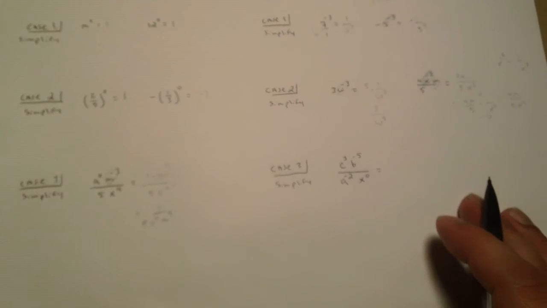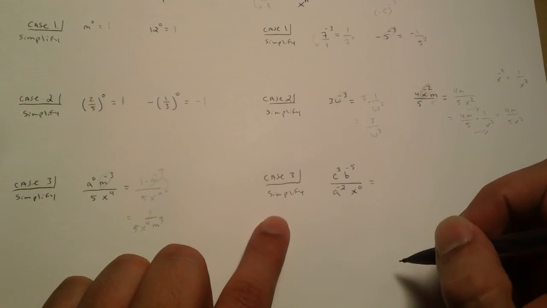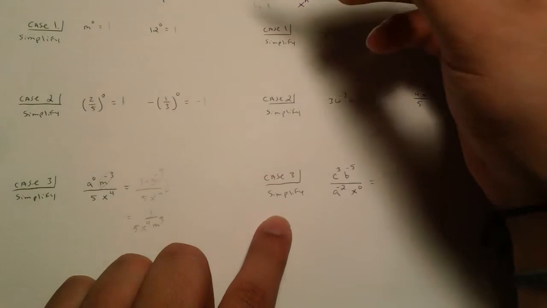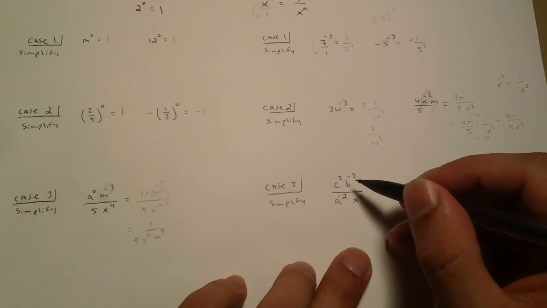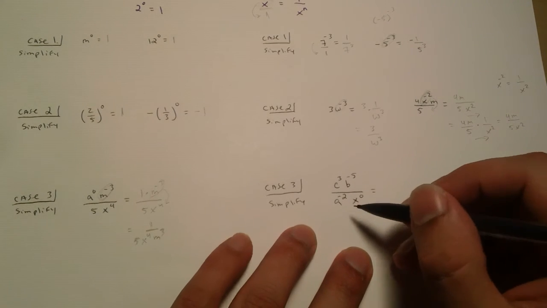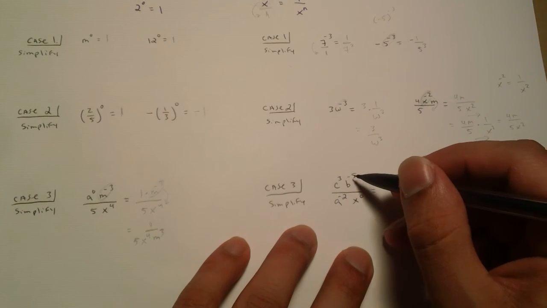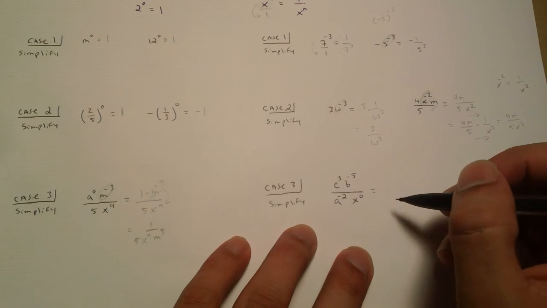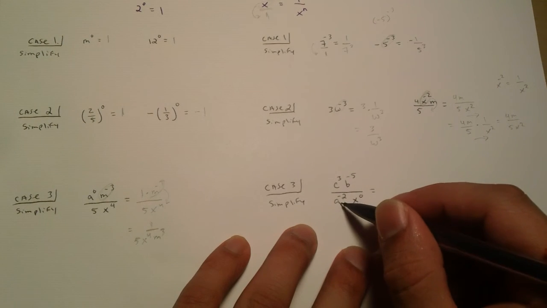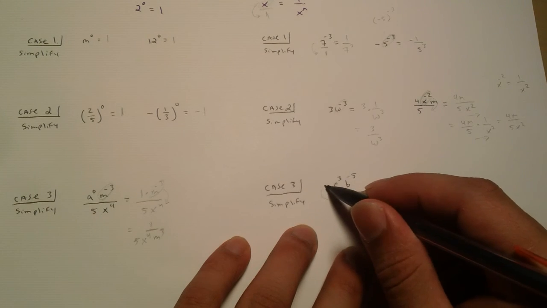Okay, so in our next case, it also involves zero exponents and negative exponents. But notice that we have a negative exponent in both the numerator and the denominator. If we've been moving a negative exponent from the numerator to the denominator, then whenever we have a negative exponent in our denominator, we're going to move it to our numerator.